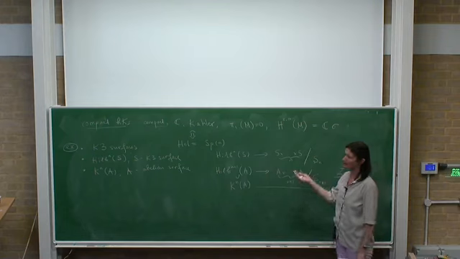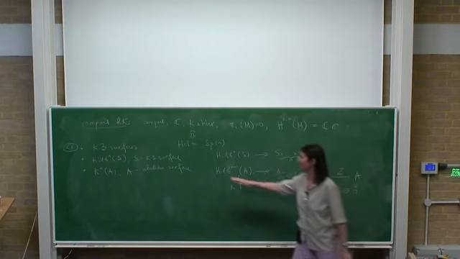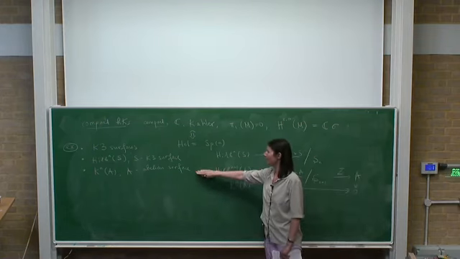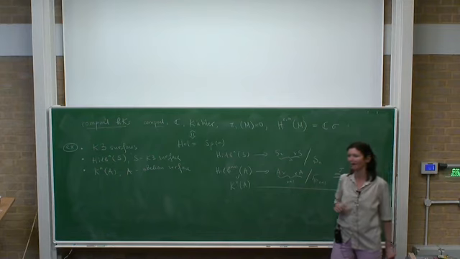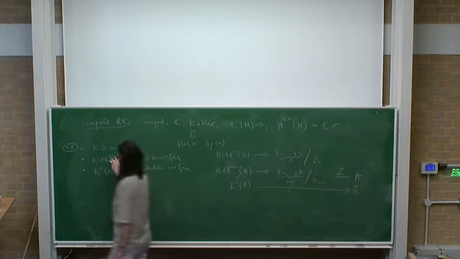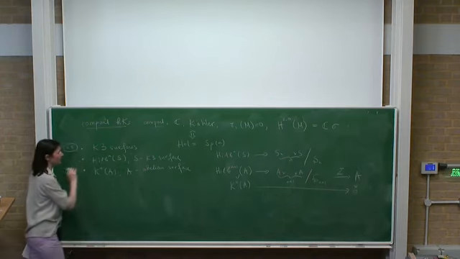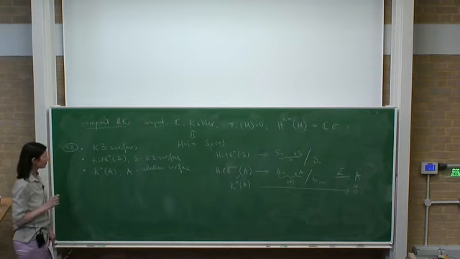So these are the two standard examples of high-dimensional hyperkähler manifolds. They're due to Beauville. And when n is 2, this example was due to Fujiki.